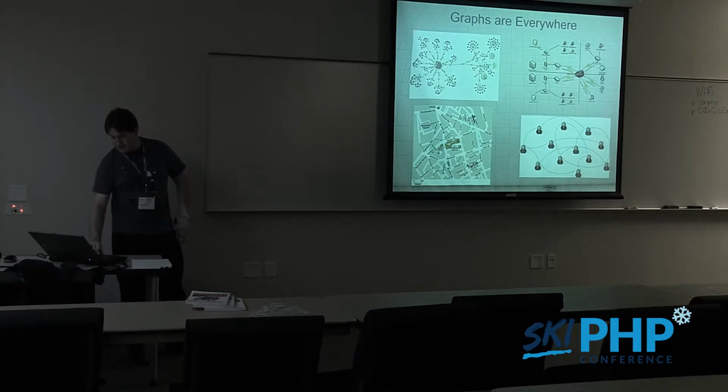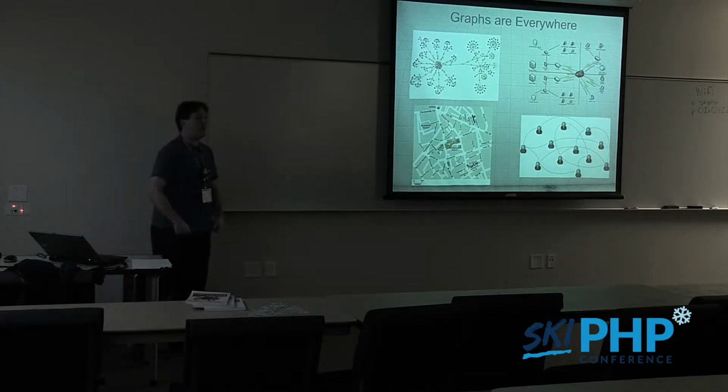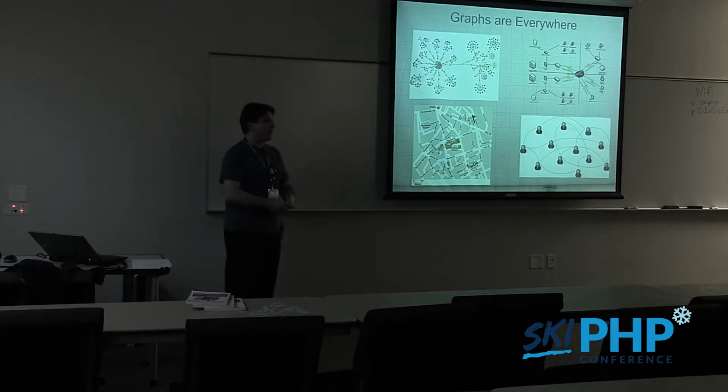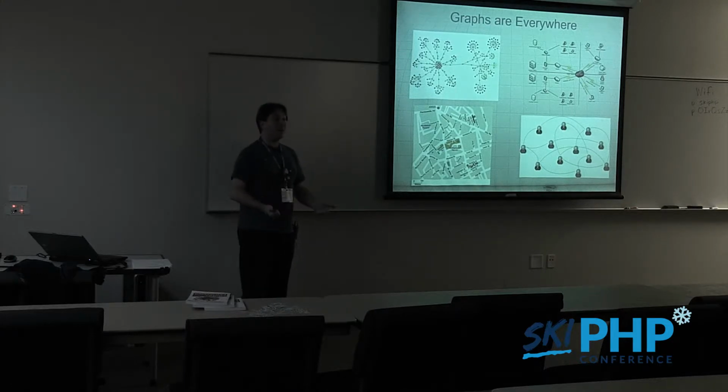And there are tons and tons more use cases for graph databases. There are white papers written about people using graph databases, Neo4j and others, to do things like manufacturing, supply chain management. Banks and insurance companies use them to detect fraud.